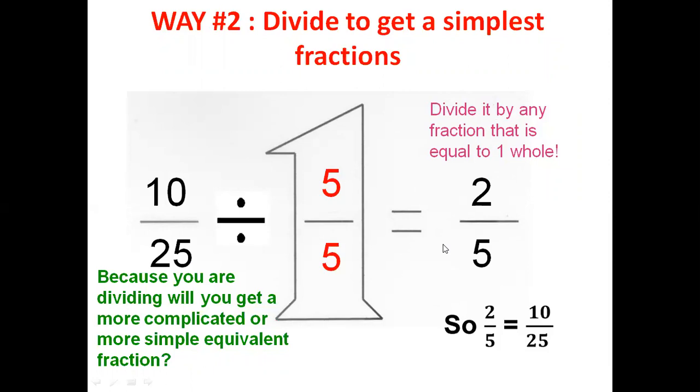But the difference, teacher, when we divide by numbers, are we getting a more complicated fraction or a simple equivalent fraction? The numbers are getting smaller. That means we are making them simpler or more complicated? Who can answer? Since the numbers are smaller.